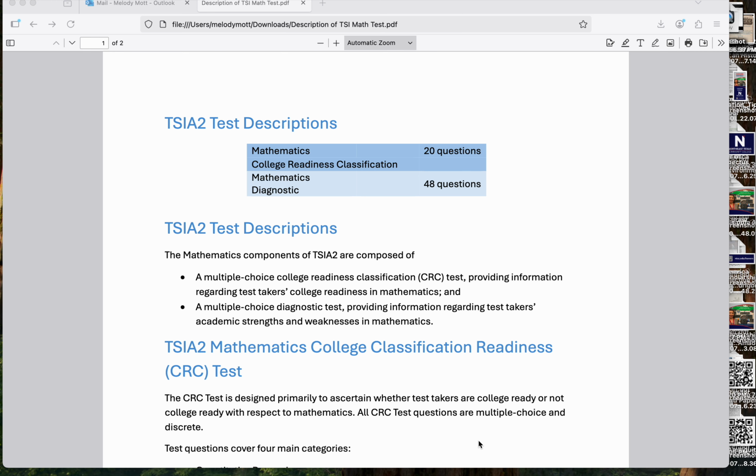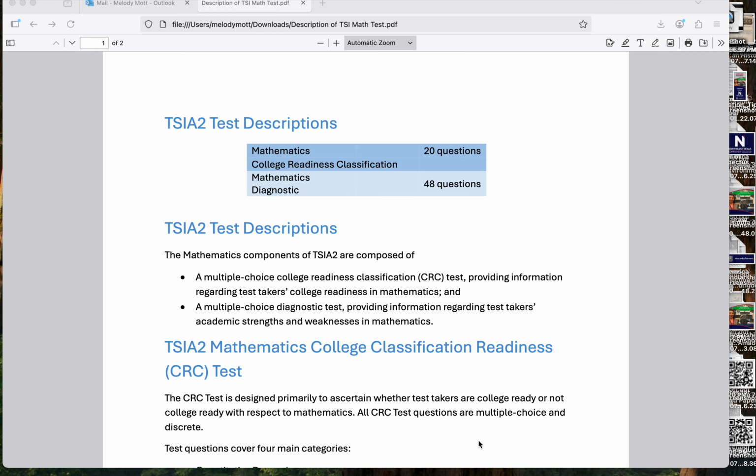Math TSI. Beginning with the types of questions on the Math TSI, the goal is to do well on the first 20 questions. Those are your college readiness questions, and those are going to be the most difficult.